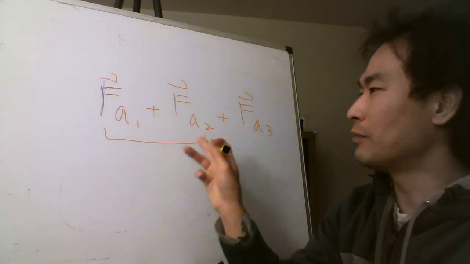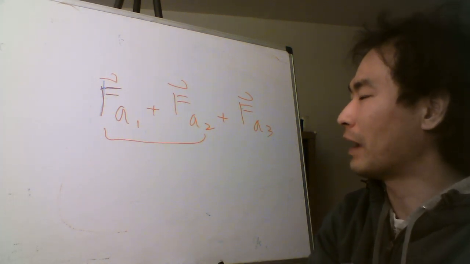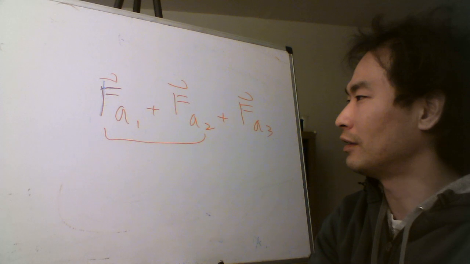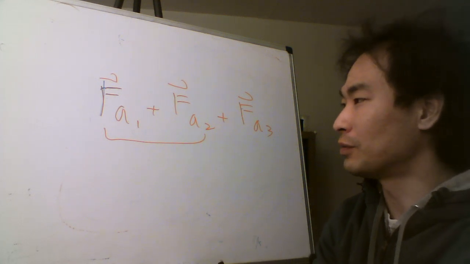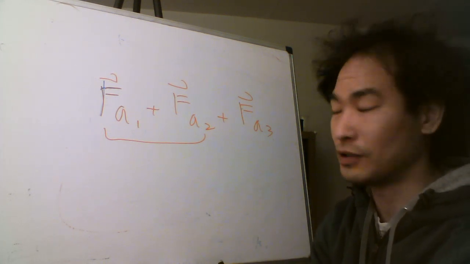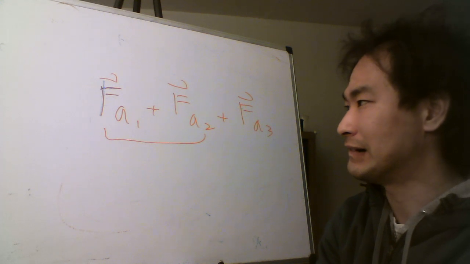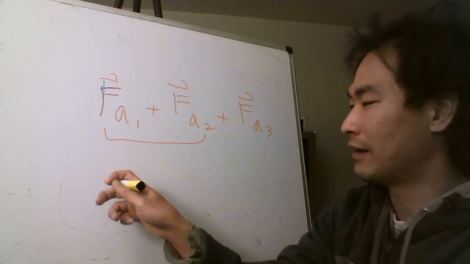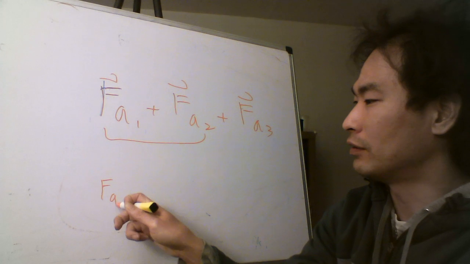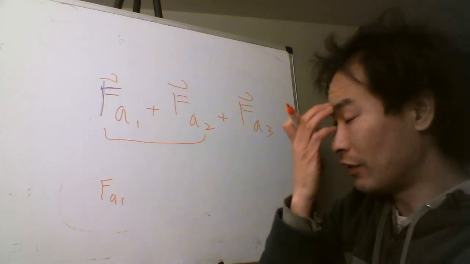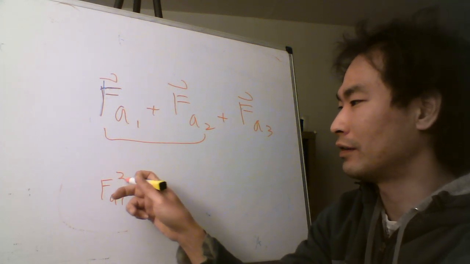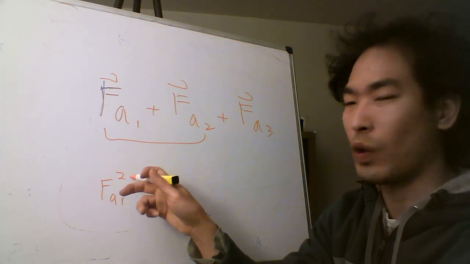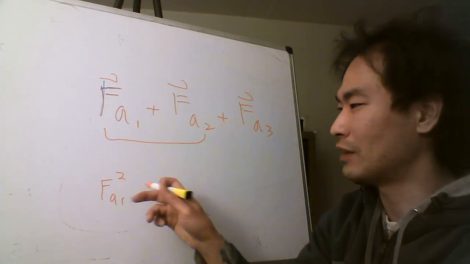You add them both, and then the magnitude of that is, in terms of stress vector, stress force, F of a1. We'll omit the absolute value. When you square it, it's obvious it's the absolute value of that.